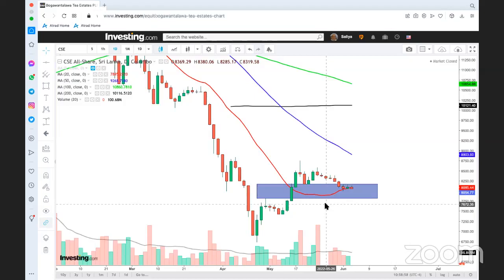Let's see what are those stocks that have crossed above all these four major moving averages. First of all, I'm going to cover those popular stocks.